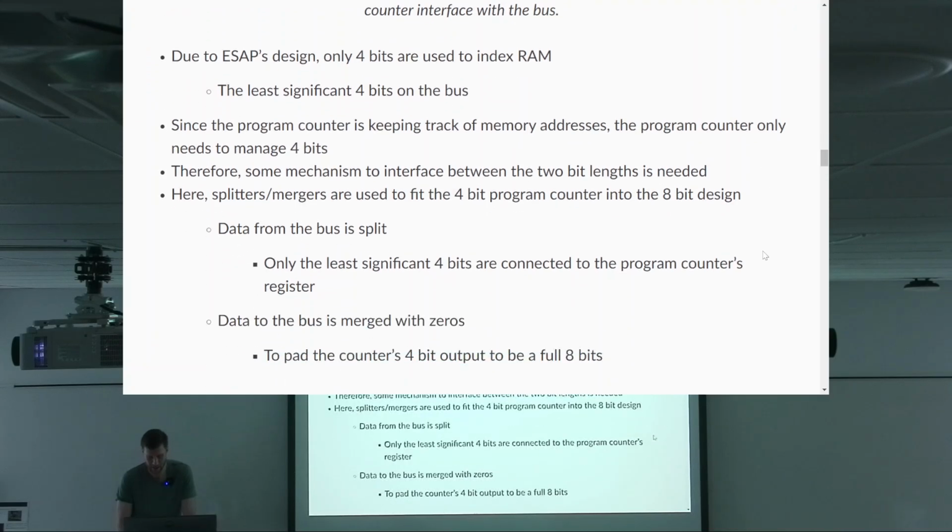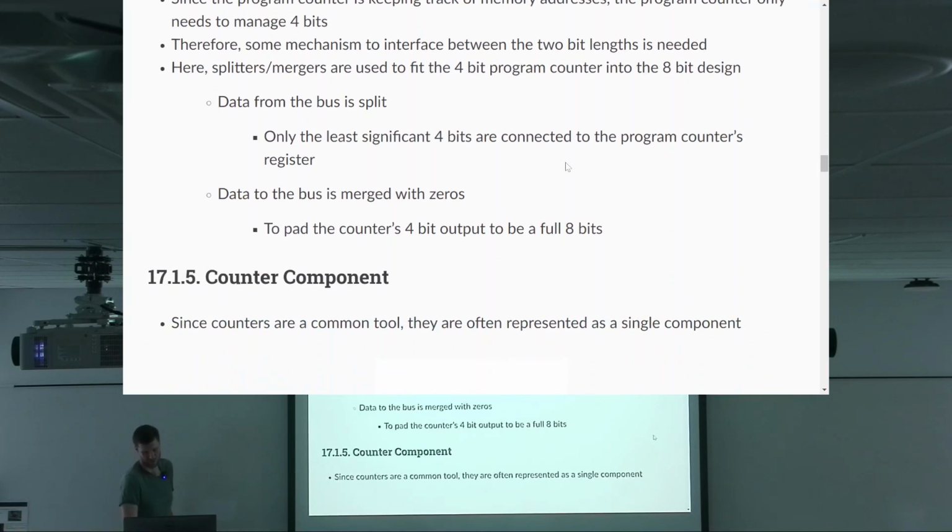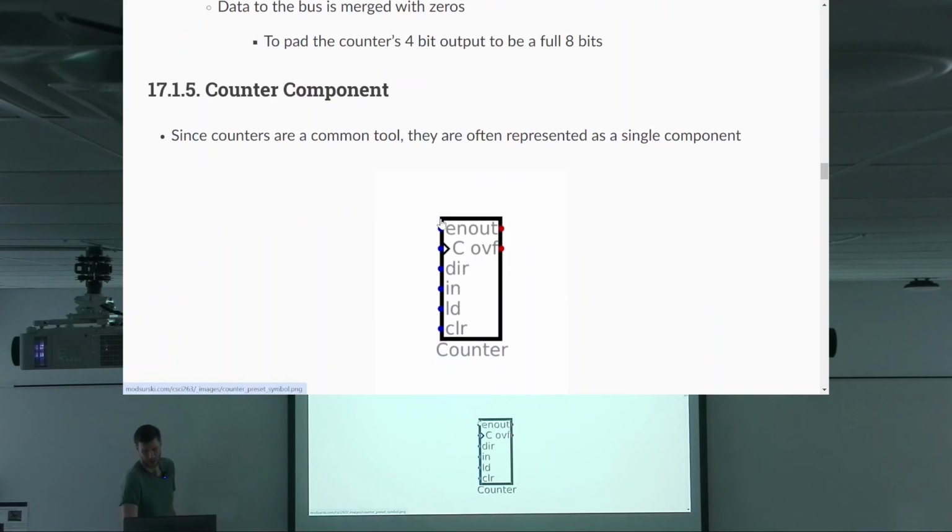All right, so due to the ESAP system's design, we only need 4 bits to index RAM. Therefore, we need some mechanism to interface between the 2 different bit lengths, the 8-bit length versus the 4-bit length. So we use a splitter and a merger. Now, it turns out there is a counter component in Digital. So that whole design can be abstracted into that little guy right there.